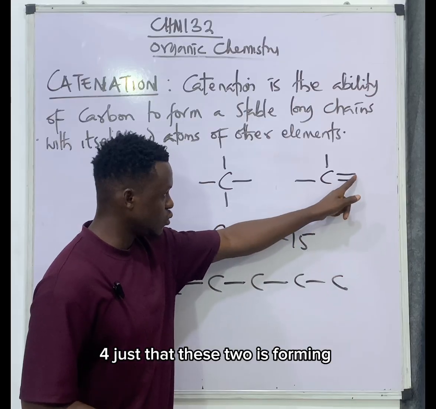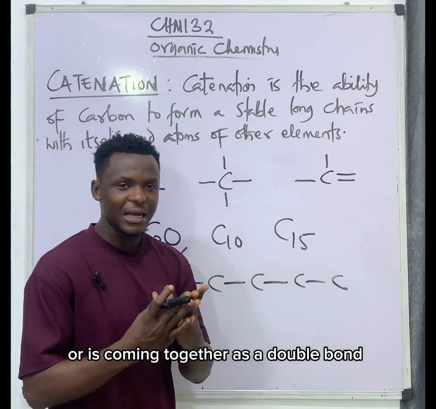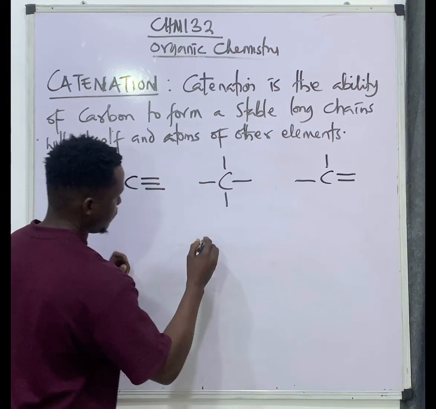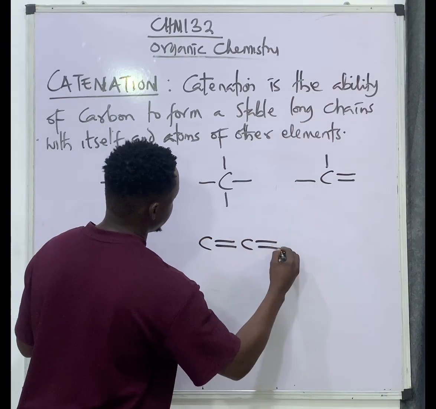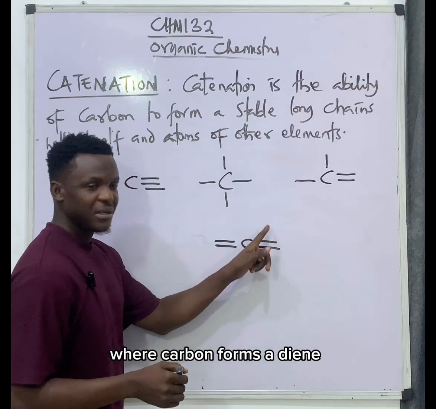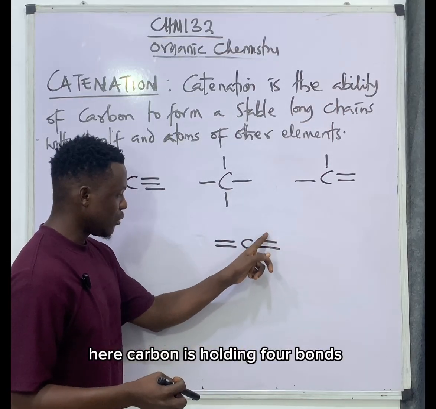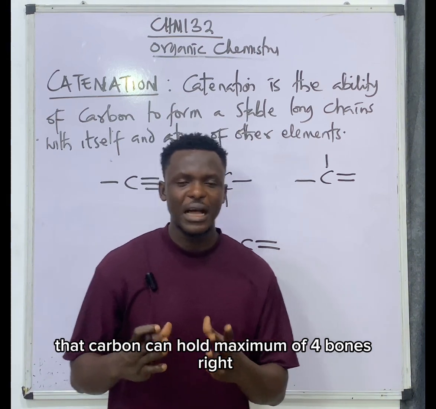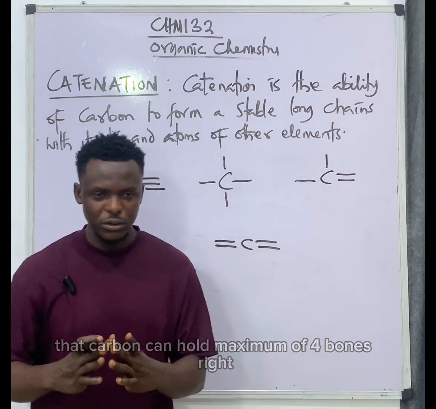Just that these two are coming together as a double bond. Or we can also have something like this, where carbon forms a diene. Here, carbon is holding 4 bonds. So please take note that carbon can hold a maximum of 4 bonds, right?